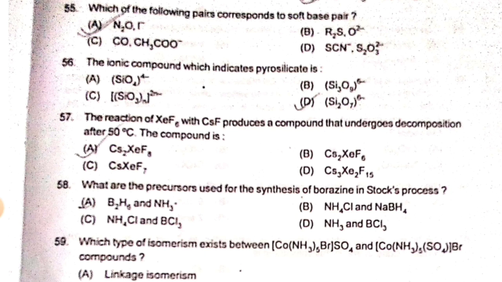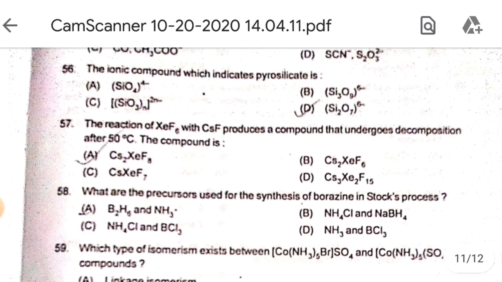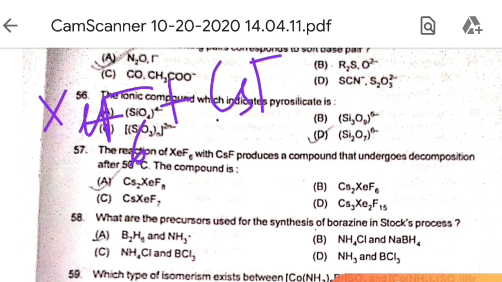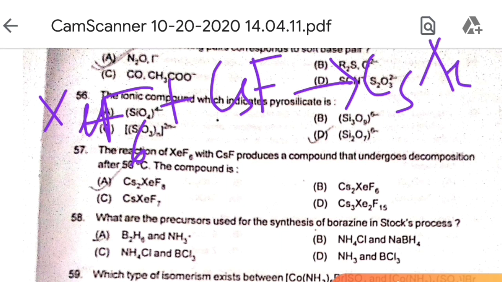The compound is, okay, if you dissolve HCF6 with cesium fluoride, you will get a yellow color salt, that is cesium HCF7. Okay, and this is stable up to 50 degrees centigrade.